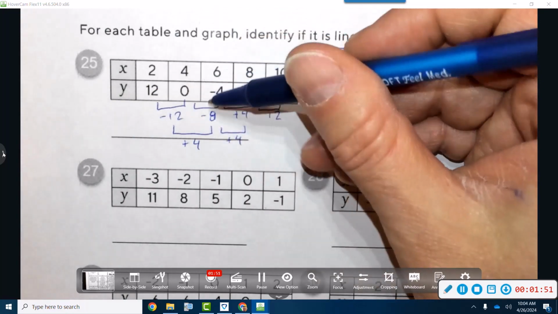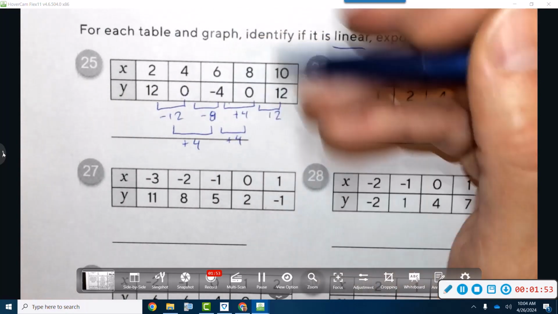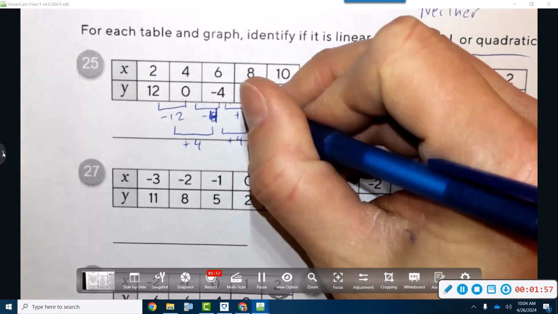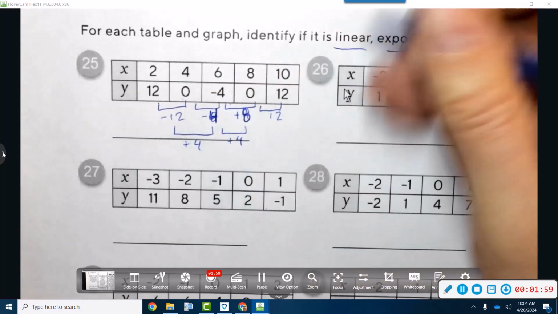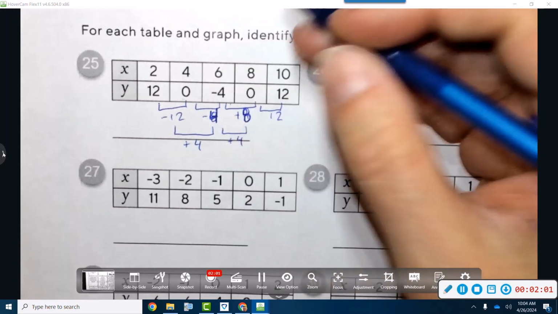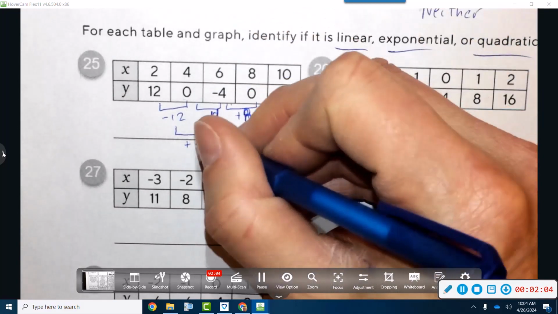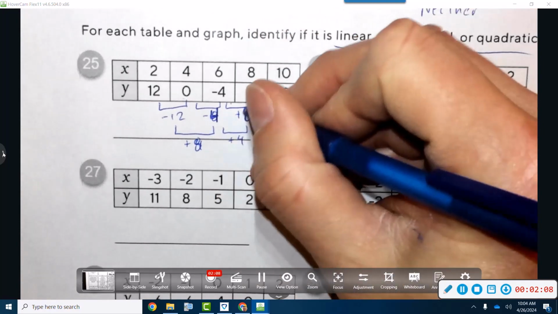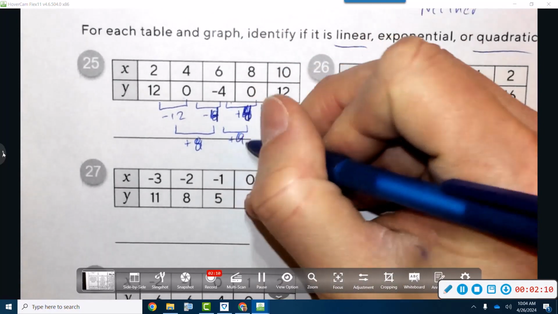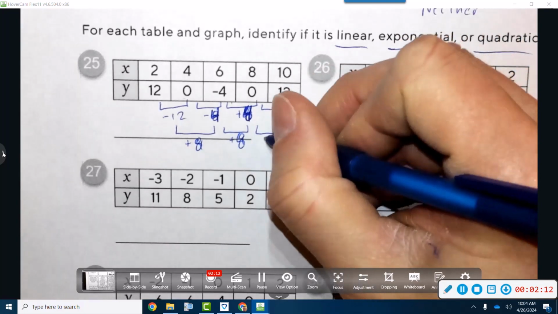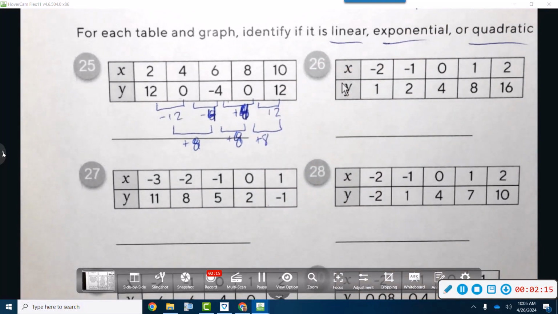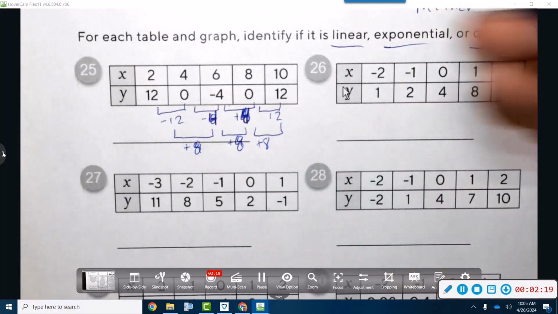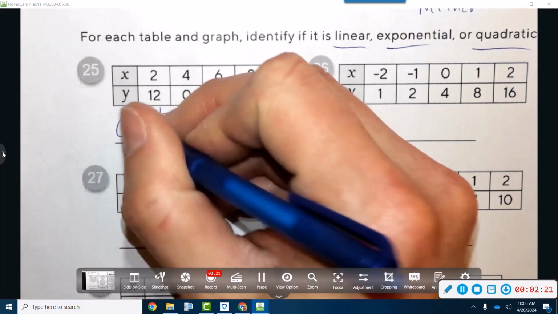I went down 12, okay, then I went down 4, then I went up 8, then I went up 12. Okay, so I'm messing up here. This is going up 8, that's 4, that's up 8, and then that's up 8. Man, yeah, see, the quadratic ones are a little tricky, especially when you go from negative and then go positive. You got to be really careful there. That is a quadratic, okay?